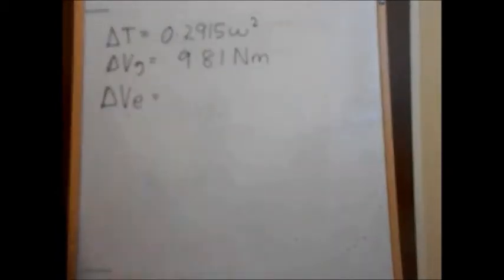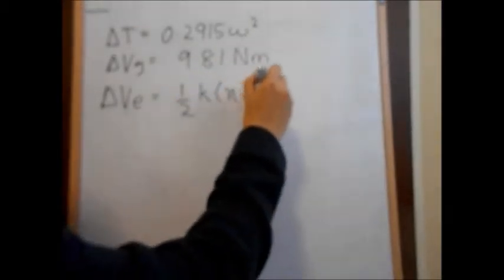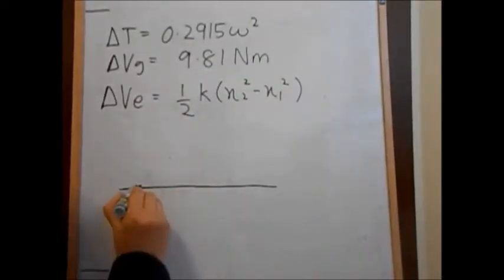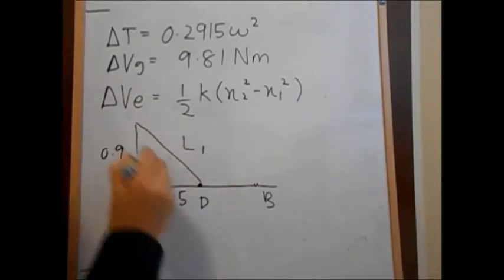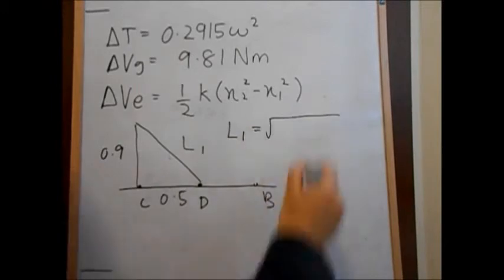The next step is we need to find the change in elastic potential energy. Remember that x2 and x1 are the lengths of displacement of the spring. To find x1, we need to find L1 first and subtract the original length.